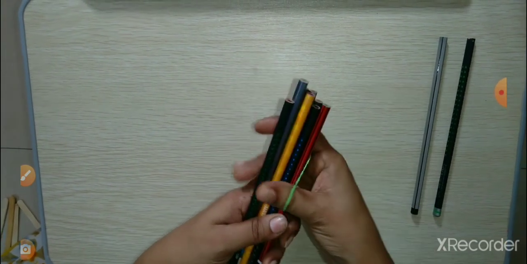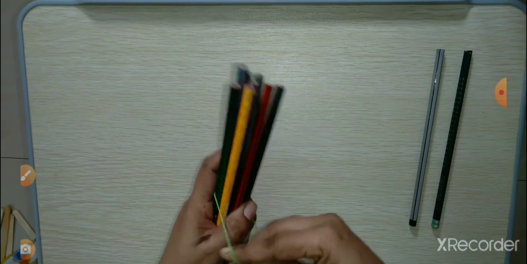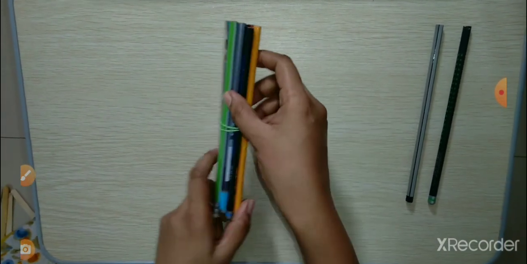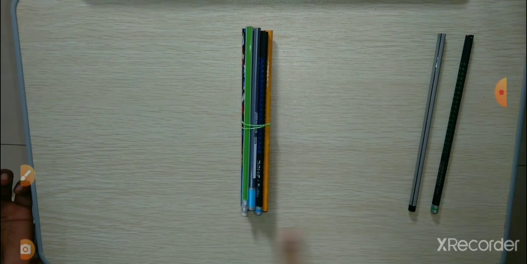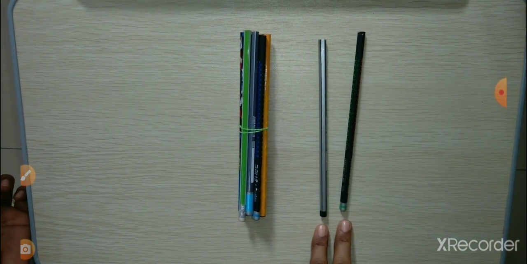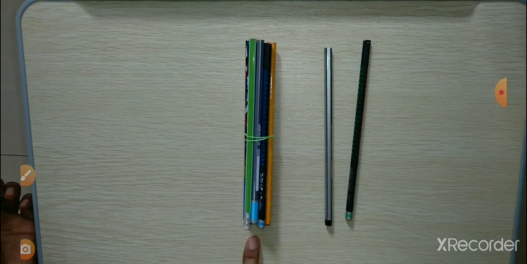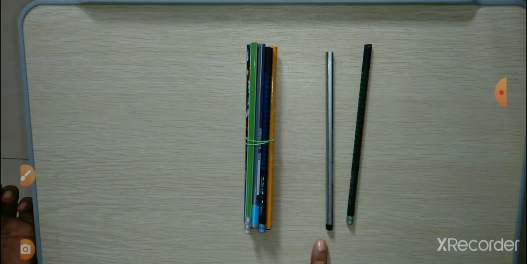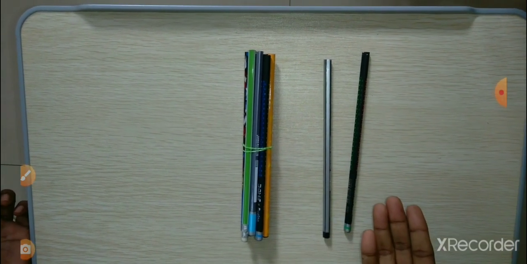Now, this is a bunch of 10 pencils. This is 1 ten. Now, how many pencils are left? 1, 2. So, these are 2 ones. 1 ten plus 2 ones equals 12 pencils.